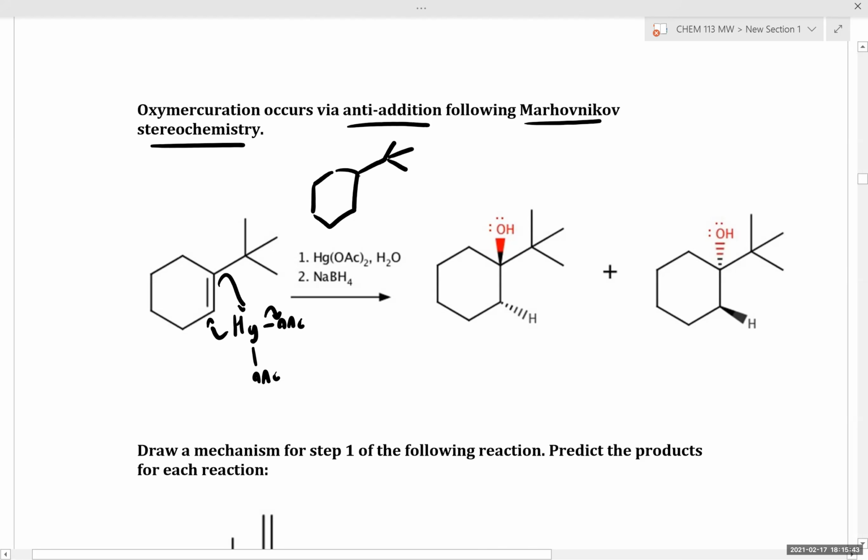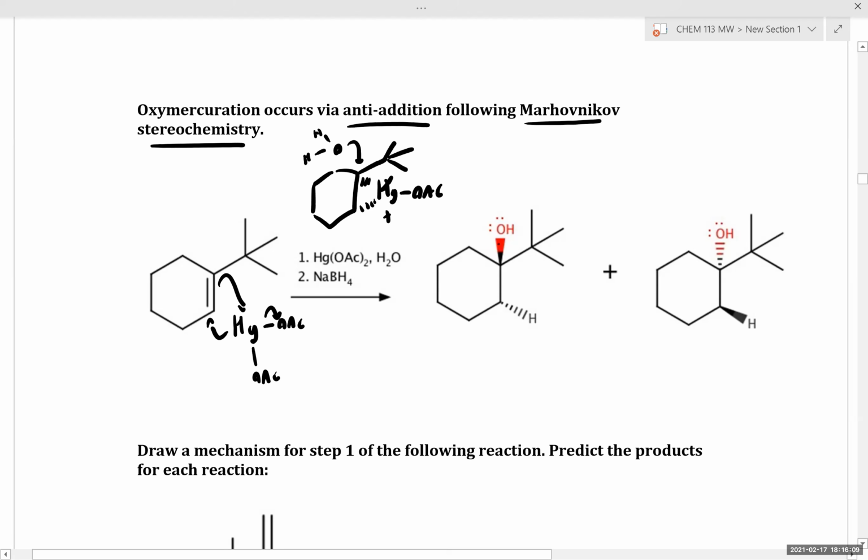We don't have to worry about any rearrangement. Then water very quickly attacks at the most hindered carbon. I'm going to draw the mercurinium ion on the bottom face in this case, just to reflect what we have as our final product.